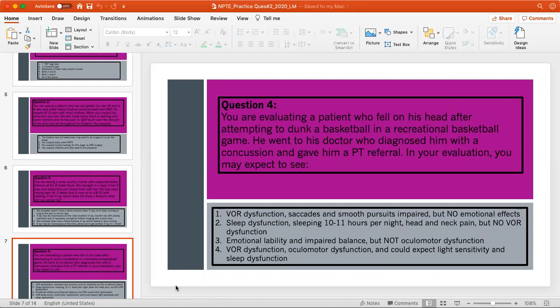Sleep dysfunction, sleeping 10 to 11 hours a night, head and neck pain, but no VOR dysfunction. 3. Emotional lability, impaired balance, but not oculomotor dysfunction. 4. VOR dysfunction, oculomotor dysfunction, may expect some light sensitivity and sleep dysfunction. What do you think may be expected after a concussion?